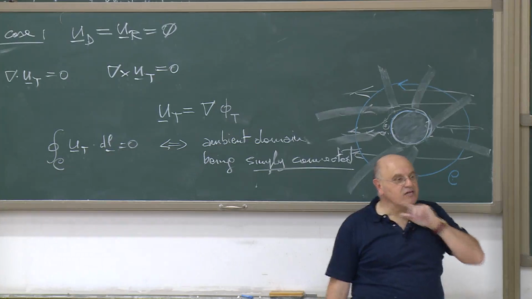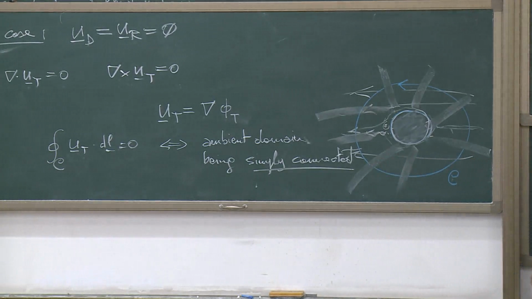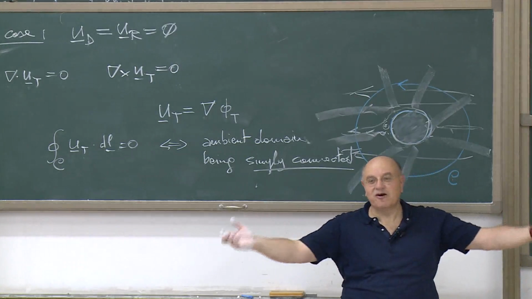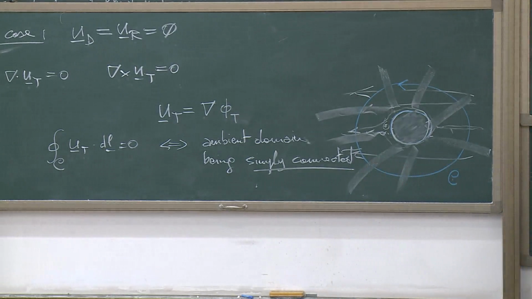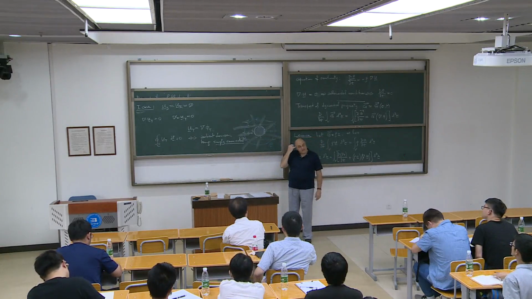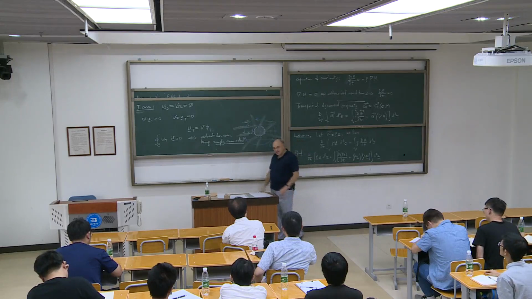It's very interesting because I have no time to go into this, but I'd like to tell you anyway, because it's good to say it loudly, that Kelvin considered this problem in his time. And why do I want to emphasize that?